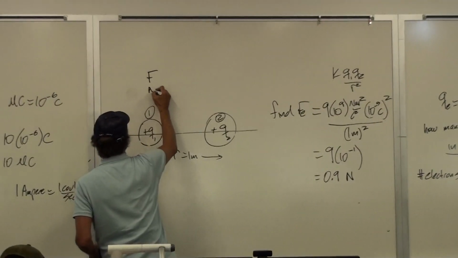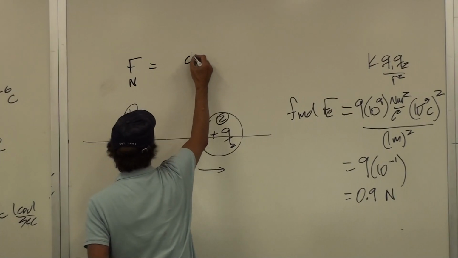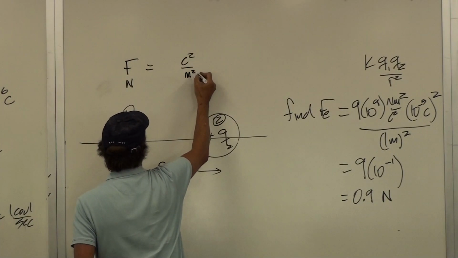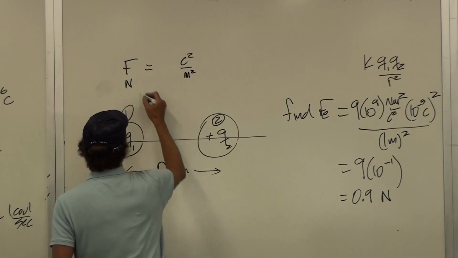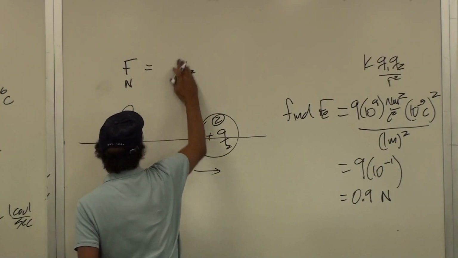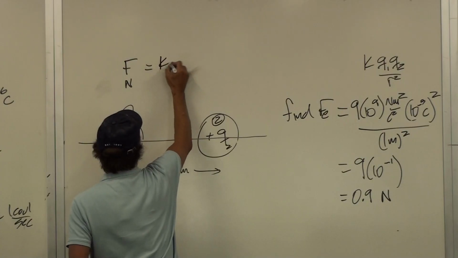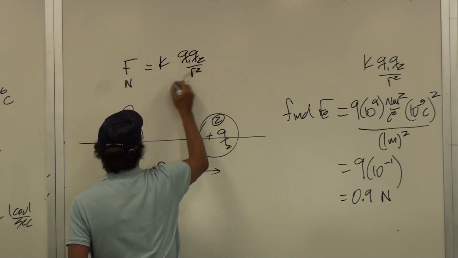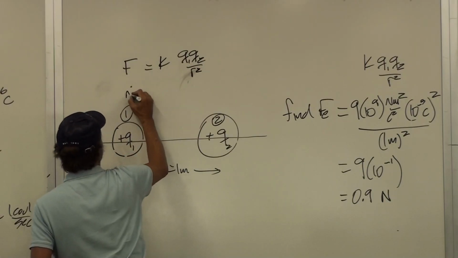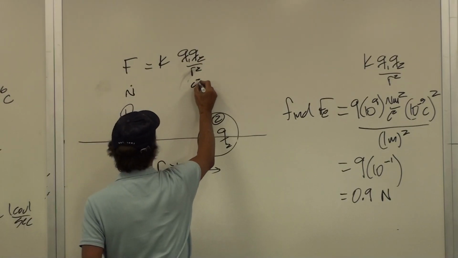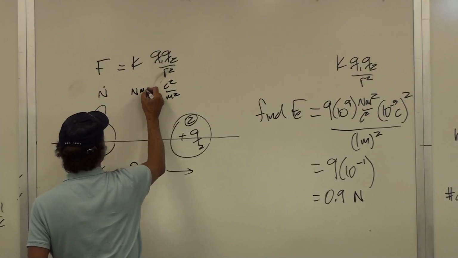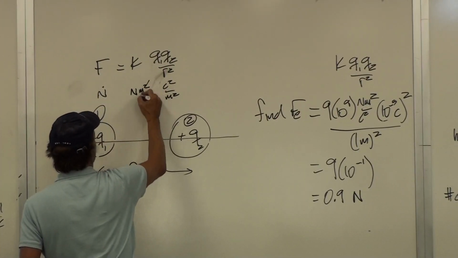Okay, so how do we get units here, newton meter squared per coulomb squared? Well, the units for force is newtons. The units here of Q squared over R squared is coulomb squared over meter squared. So in order to get newtons, this is coulomb squared over meter squared, so this has to be newton meter squared over coulomb squared.